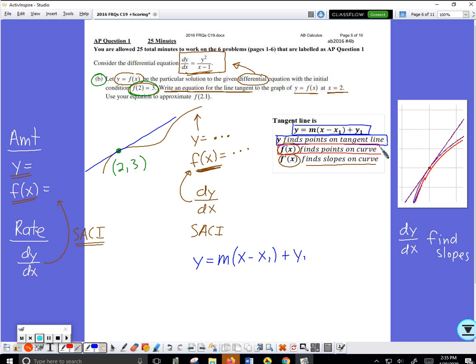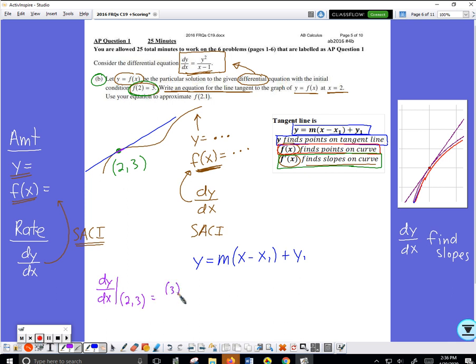And you do have an equation right now that can be used to find all the slopes on the curve. So I'm going to use that to find the slope on the curve right here. I want to find that slope. So I'm going to write down dy over dx at x equals 2 and y equals 3.